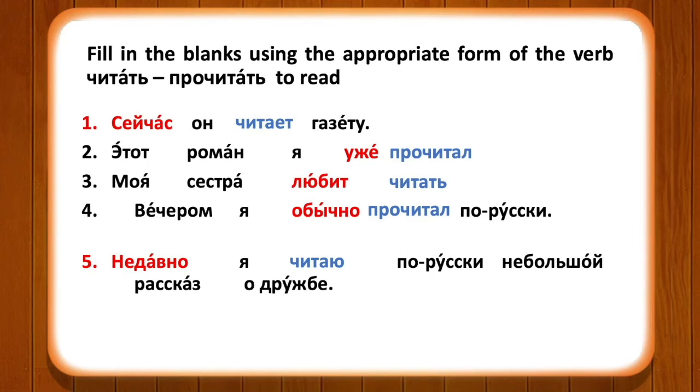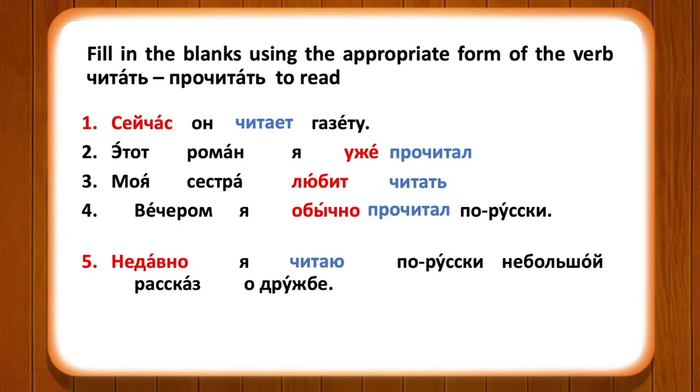Небольшой рассказ means a short story. О дружбе means about friendship. So not very long ago I read a short story about friendship in Russian. So here the use of the adverb недавно indicates completion of an action.